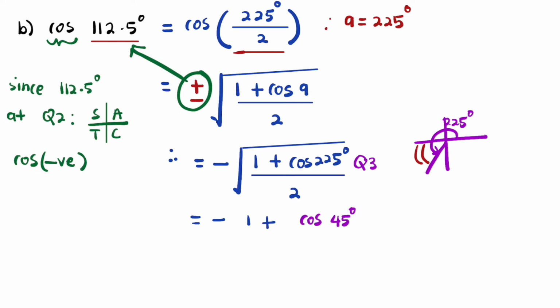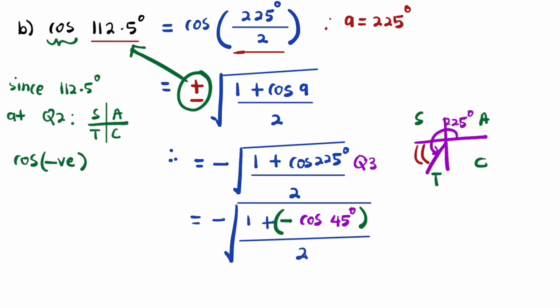But again, your "add sugar to coffee" is very important. Since over here, on quadrant 3, your cosine is negative, you have to put negative here. Make sure you put the correct sign. Then this is over 2, nothing more. So settle with that.